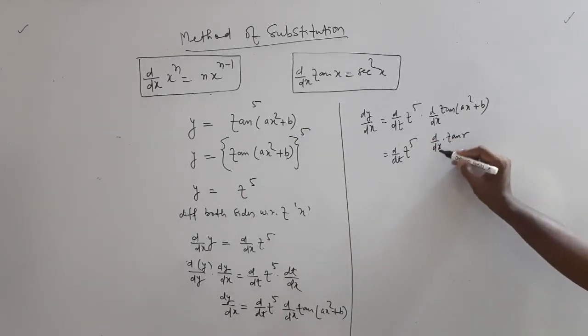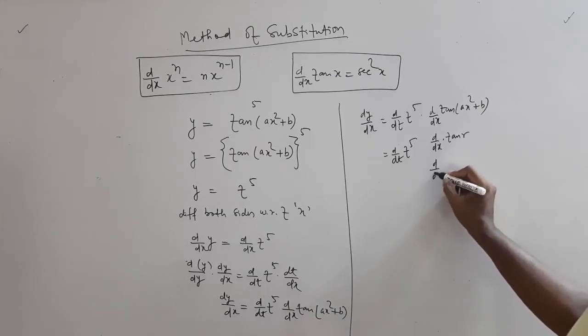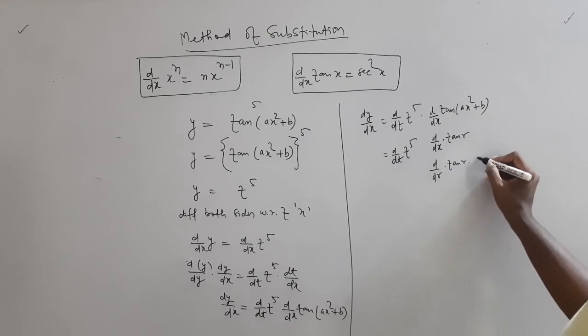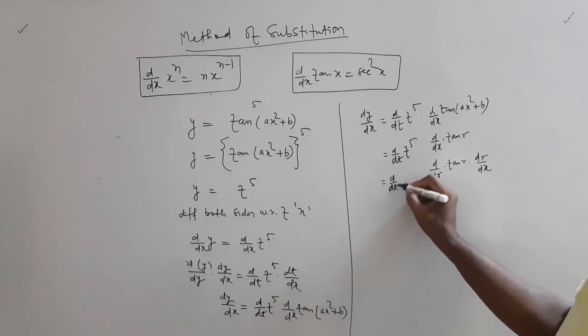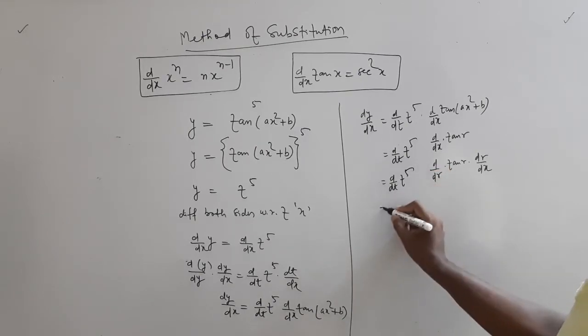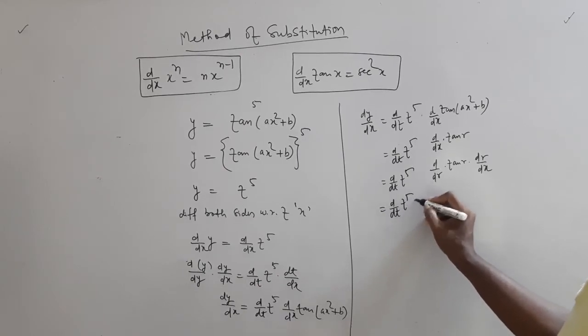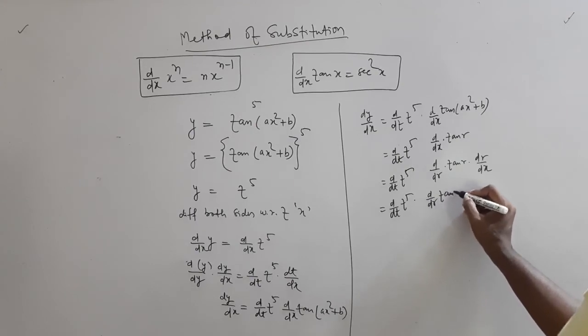Now again d by dx of r, that is not good, so we need to make it d by dr of tan r into dr by dx, and this is again d by dt of t to the power 5. This is also in the proper sequence.